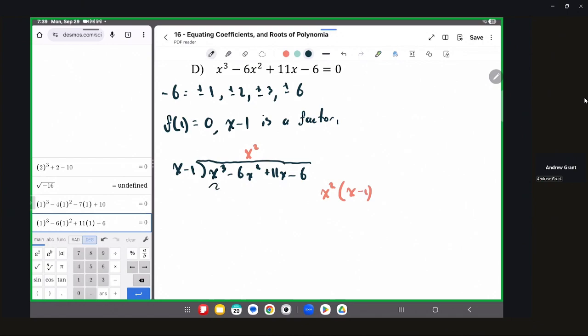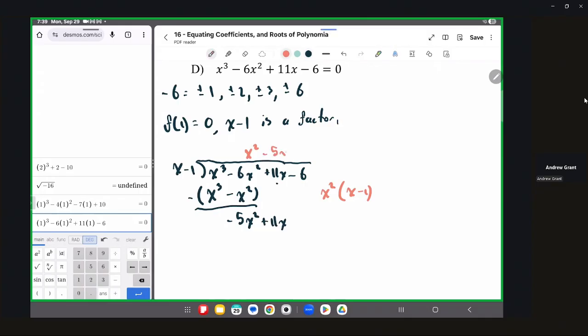And if I do that, I end up getting x to the power of 3 minus x squared. Subtracting these off, x cubed minus x cubed is 0. -6 minus negative x squared is going to be negative 5x squared. Bring down the 11x.